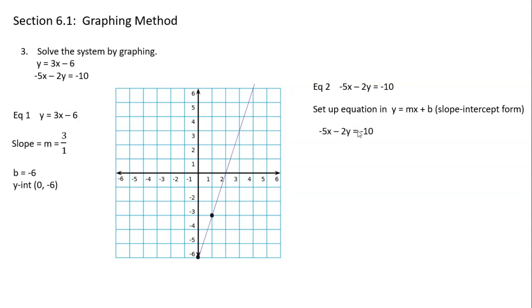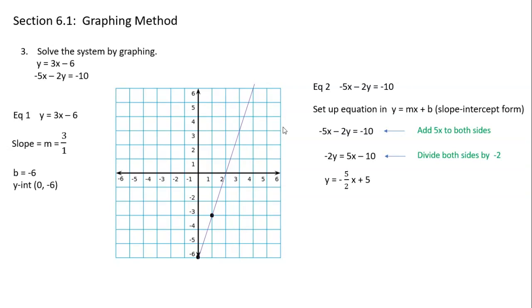So the first thing I do is add 5x on both sides. And when I do that, I get negative 2y is equal to 5x minus 10. Then the last thing I need to do is divide by negative 2 on both sides. So when I do this, I get y is equal to negative 5 halves x plus 5.